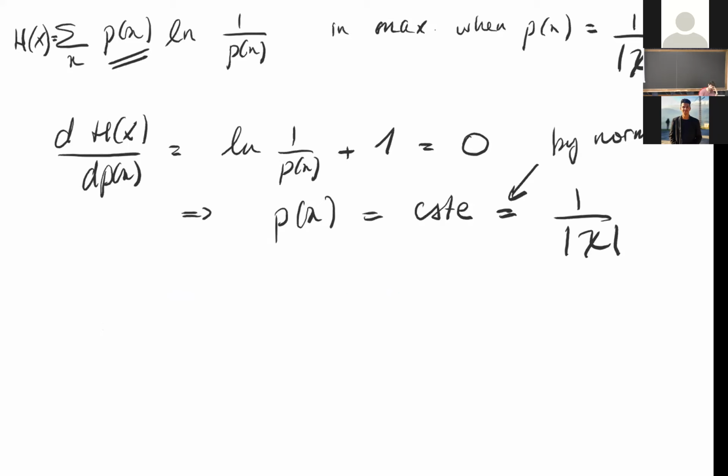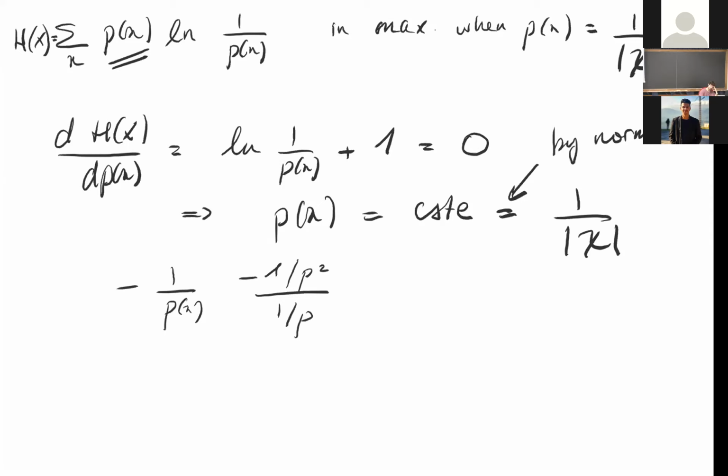But wait, you should compute the second derivative in p. So what is the second derivative? Minus 1 over p of x. Minus 1 over p of x, you say? Yes, because this is 1 over p squared minus 1 over p squared over 1 over p. So yes, I agree with you.